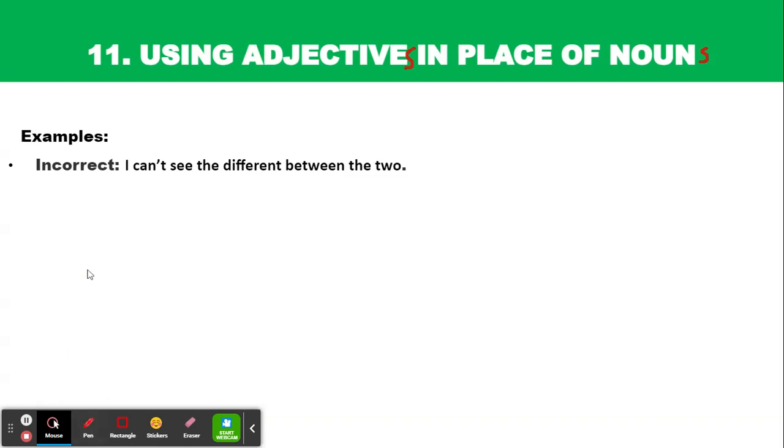So you can see, different is an adjective, but you are using it like a noun here. You can talk of a different thing, but not use it as a noun. So the correct thing is, I can't see the difference between the two. Difference is a noun, different is an adjective.